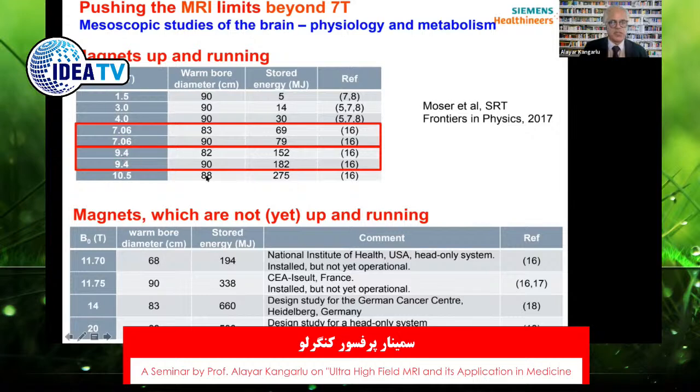And by the time you go to 9.4 Tesla, you are reaching about 200 megajoules. To give you a sense of what 200 megajoules really means, that is the kinetic energy of a 200-ton train traveling at a speed of about 200 miles, or 360 kilometers, per hour.